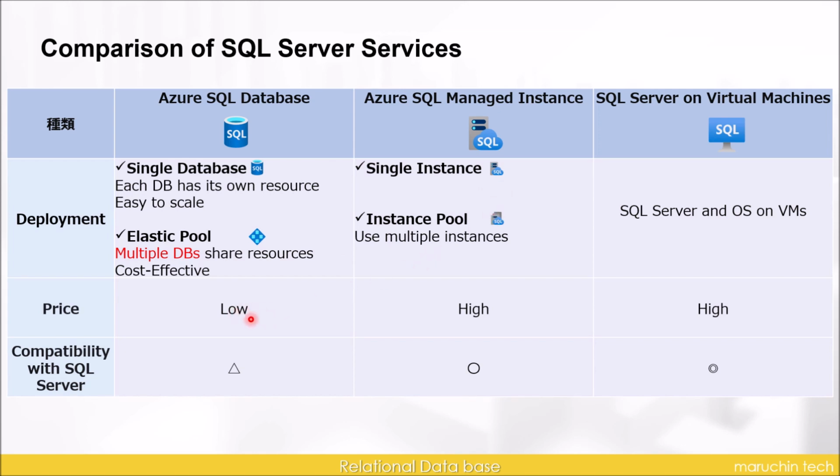The pricing is generally lower for SQL Database, while Managed Instance tends to be more expensive because it is internally dedicated to a virtual machine. And the compatibility with SQL Server is strong with Managed Instance and SQL Server running on a virtual machine, while SQL Database is limited because some features are not available.